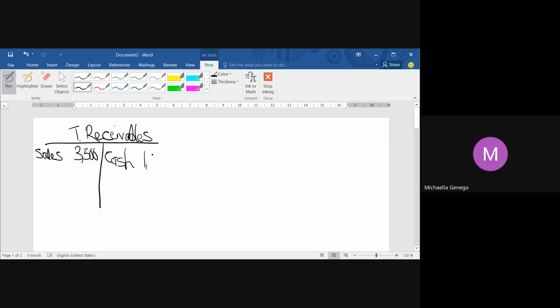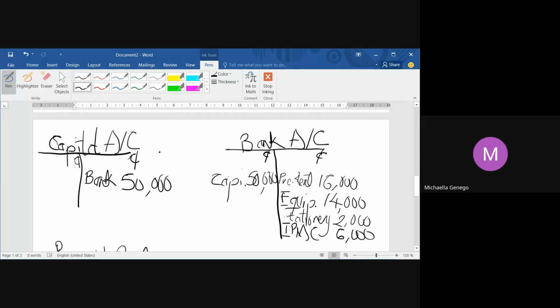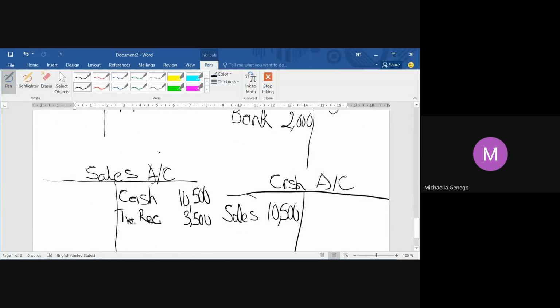What's the amount? 1,500. Then the corresponding entry is in cash. Are we crediting or debiting cash? Debit.